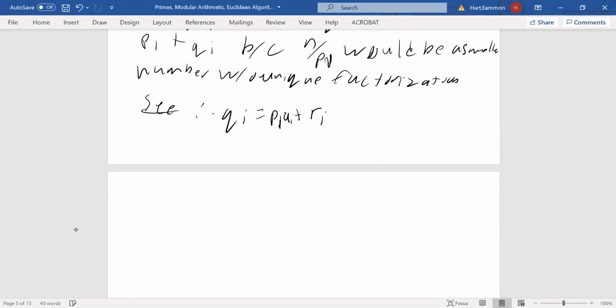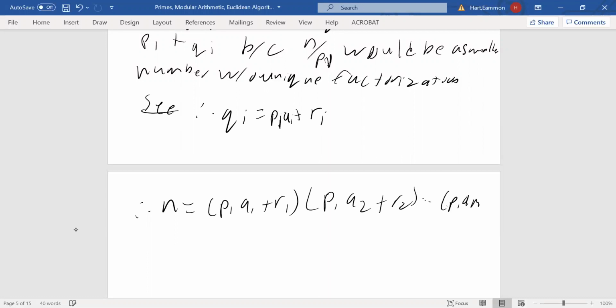So each of our Qi's can be written like this. Therefore, n is equal to the product of these guys: P1 A1 plus R1, times P1 A2 plus R2, all the way up to P1 AM plus RM.